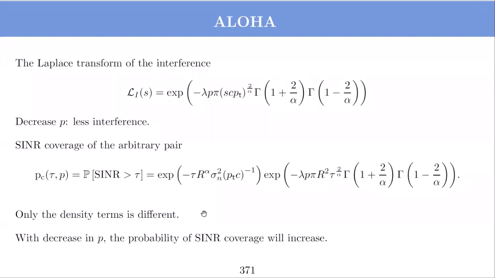And you can notice that if I decrease p, then the SINR coverage probability will increase, because the interference will go down. Or you can directly say if I decrease p, this term would decrease, so the exponential minus term will increase and the SINR coverage will increase.